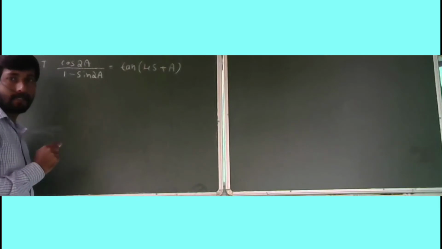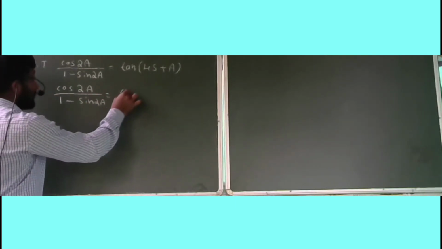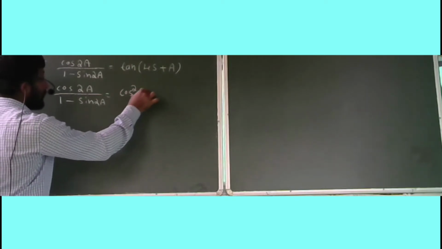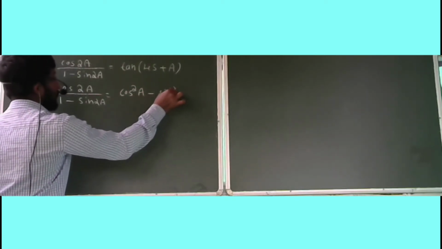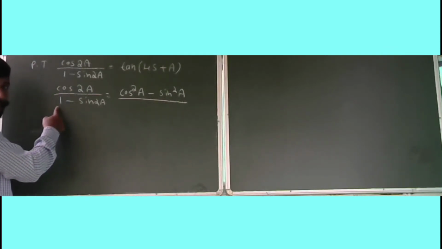Okay. First consider the LHS. LHS is cos 2a divided by 1 minus sin 2a. It's equal to, apply the cos 2a formula. Cos 2a formula is cos square a minus sin square a divided by, here 1 is there.